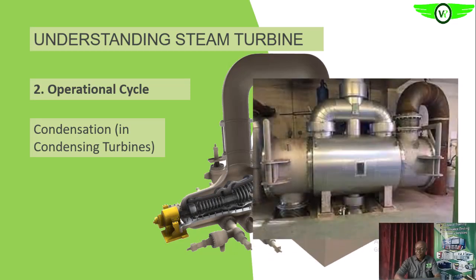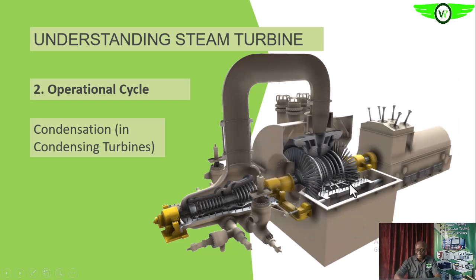So this is an example of what we have been discussing. You see the low pressure steam dividing towards both sides, coming out from here and coming out from here.